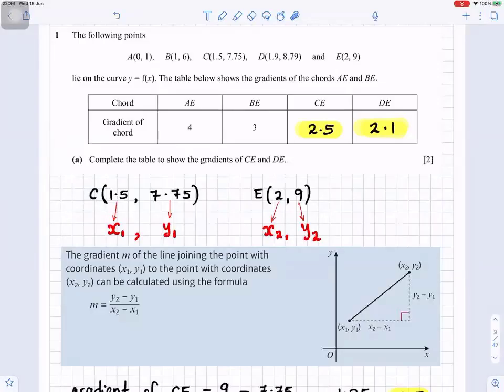Welcome back. What we have here, if we look at C is (1.5, 7.75). E is (2, 9). So if we call the first points x1, y1, x2, y2, we're going to use this formula, m equals y2 minus y1 over x2 minus x1.